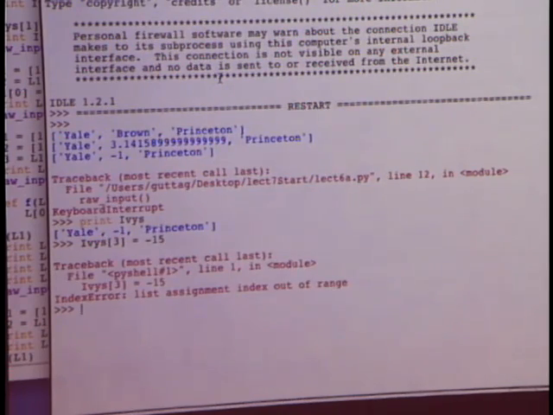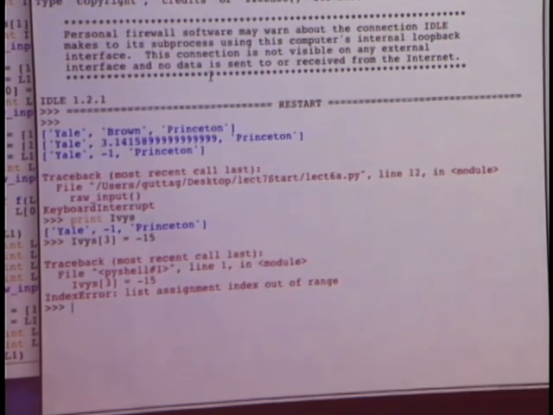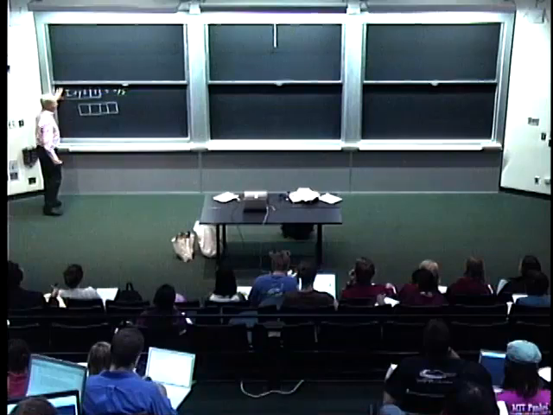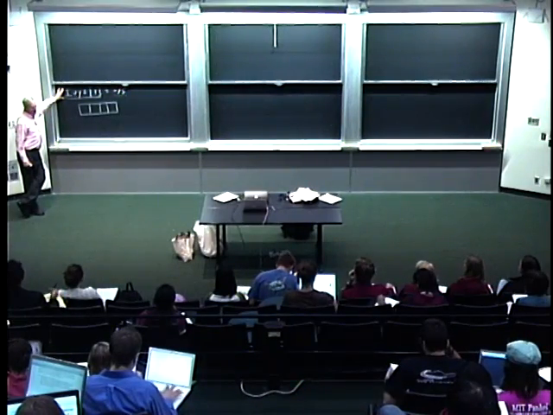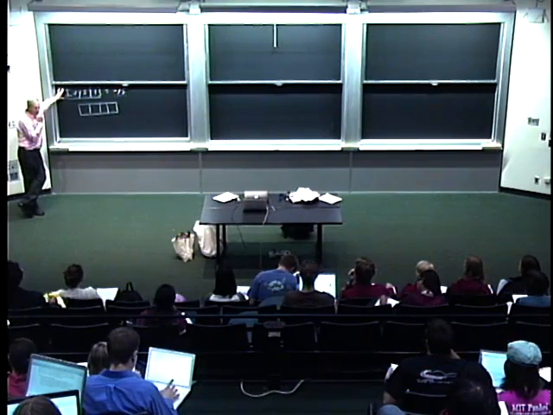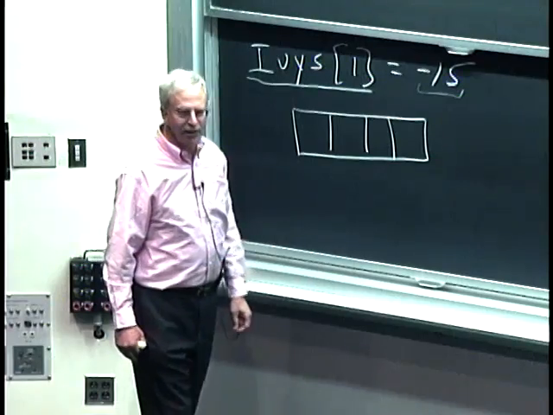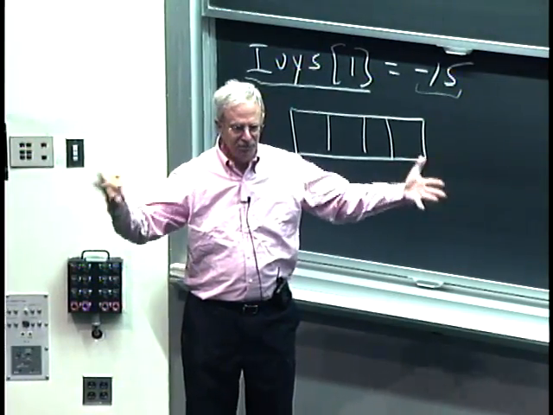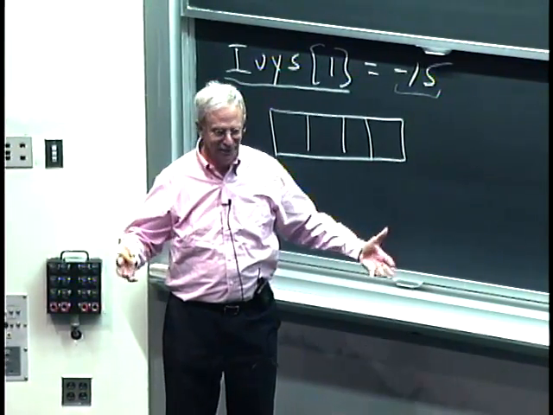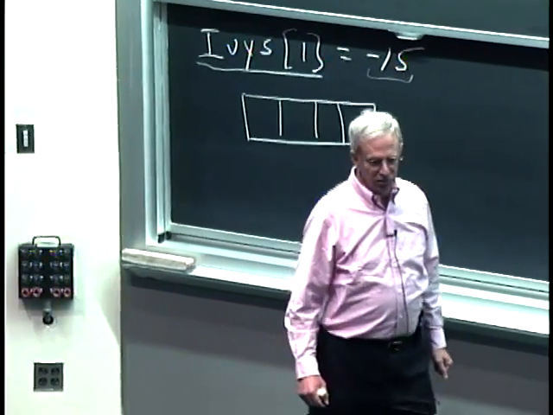Okay? Because what that does is it's changing the binding of the name, IVs, in this case, sub 1. What it looked at here was the name IVs sub 3 and said that name isn't bound, right? Isn't there. So it couldn't do it.